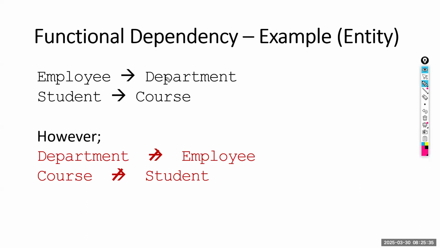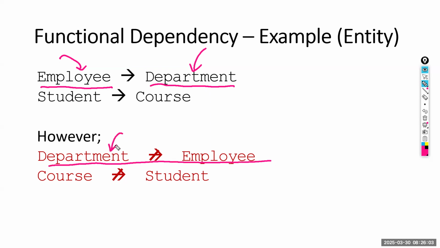Right. So that means, does the employee entity functionally determine department? Let's assume for one employee, there's only one current department. Always one employee is assigned to one department at a time. So then we can say the employee entity functionally determines department, but not the other way.